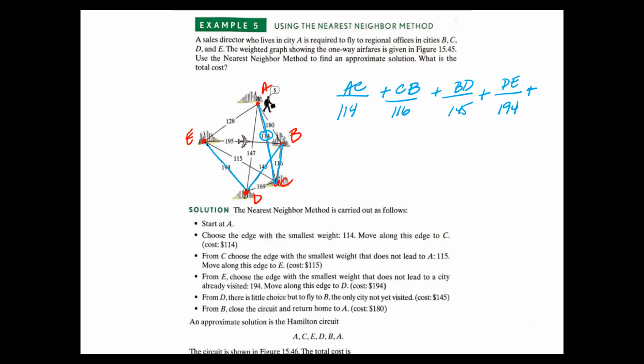Then from DE, we're going to go to EA, which is $128. So at this point, we hit every single vertex. Which brings the total down to $748.